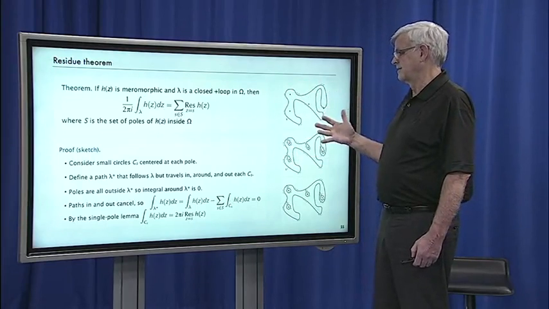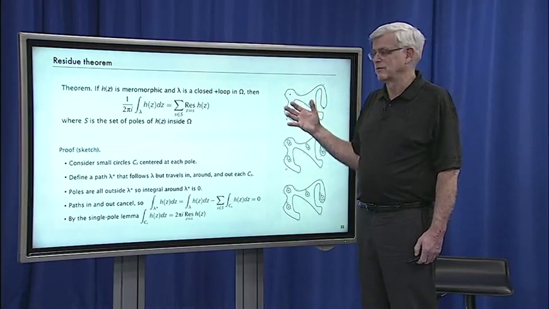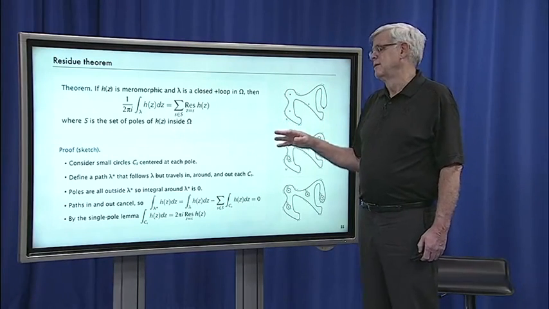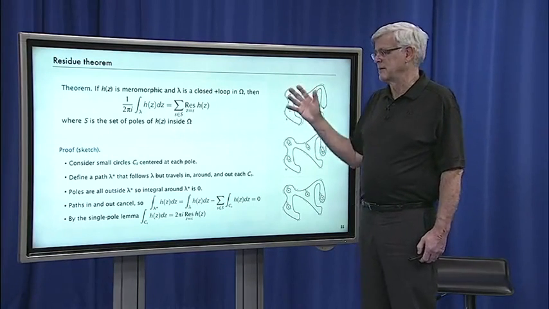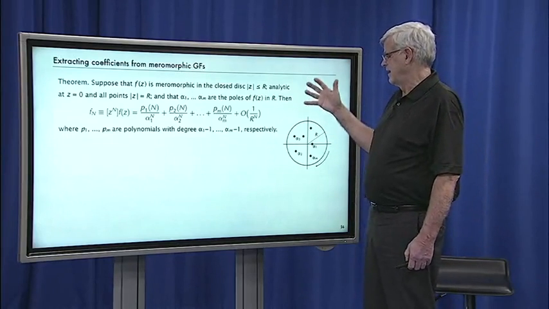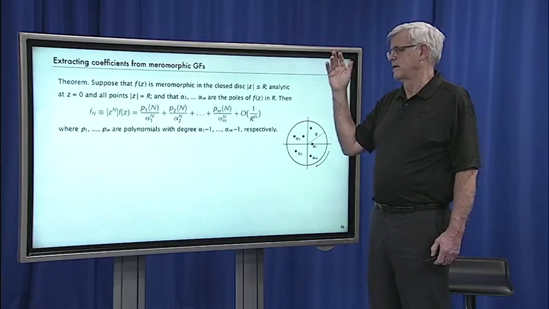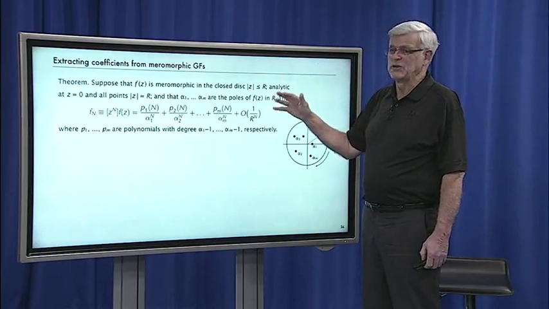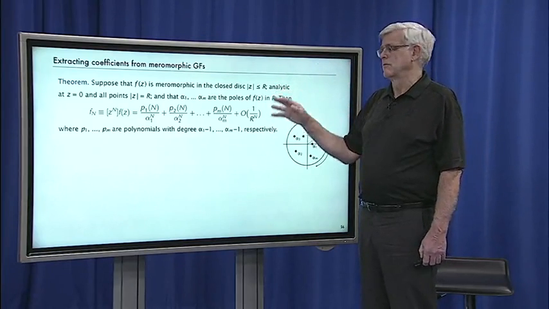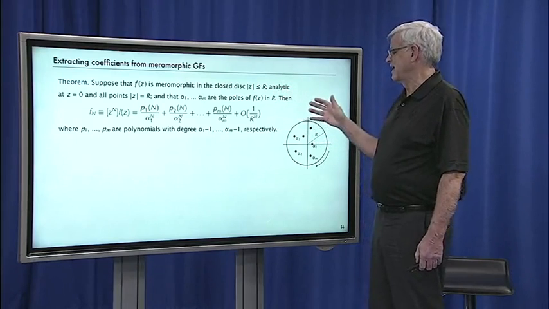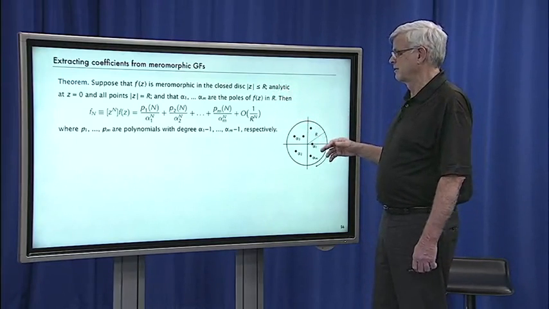So that's a quite general and powerful theorem, and then we're going to be able to take advantage of that to get coefficient asymptotics for meromorphic functions. In fact, the transfer theorem that gives nearly exact results for meromorphic functions is a direct application of the residue theorem.